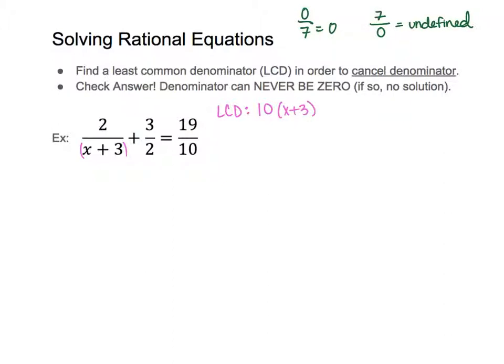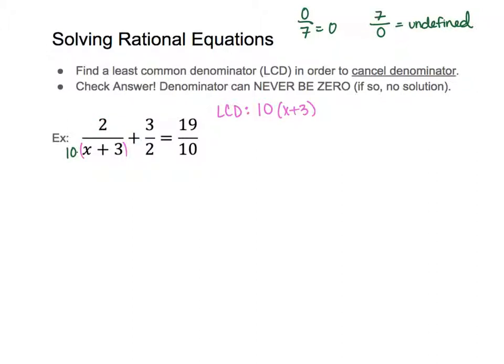So it looks like my LCD is 10 times (x plus 3). I need to make sure all the denominators are the same. You might have seen me multiply, in the bell work here, this denominator already has an x plus 3, so it needs to multiply by a 10, top and bottom.